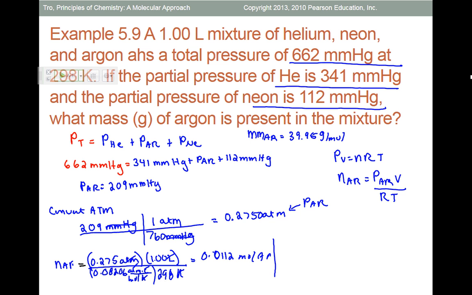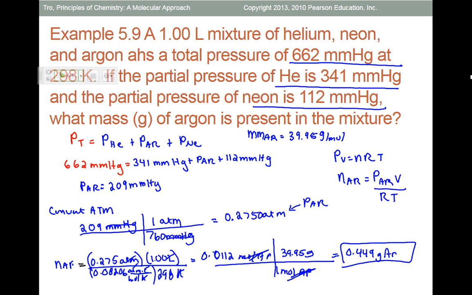So we have our moles of argon, so we can figure out our mass of argon in our sample.